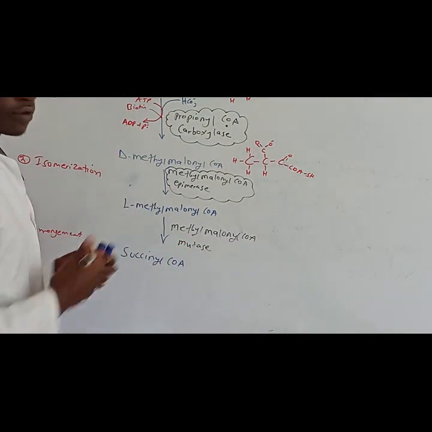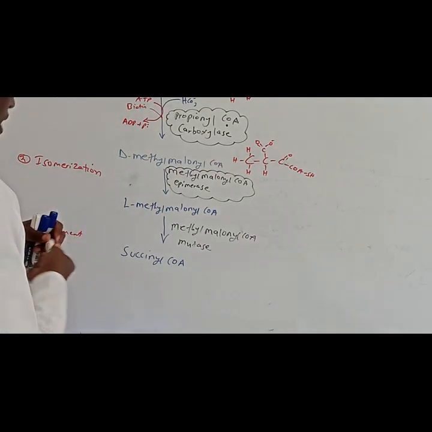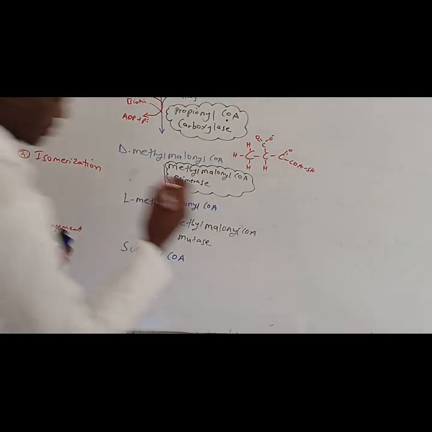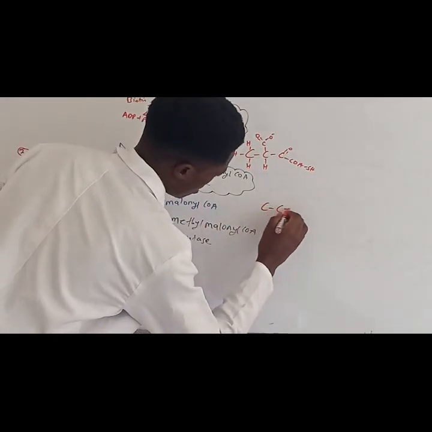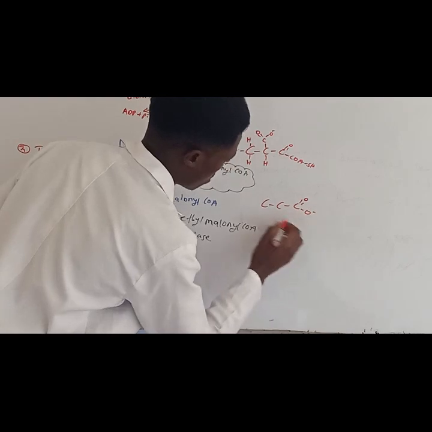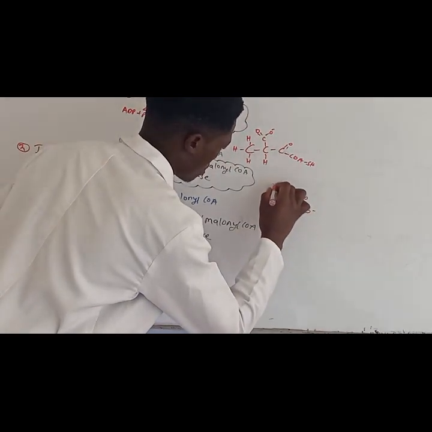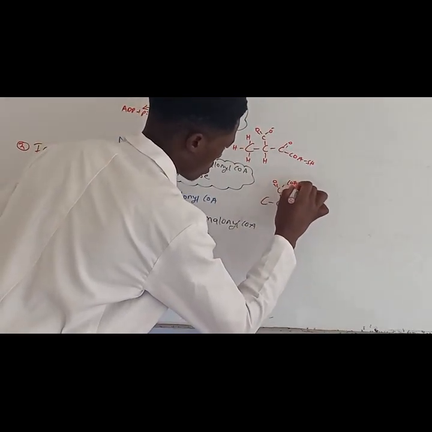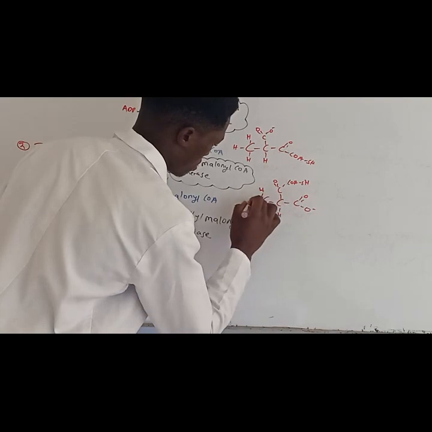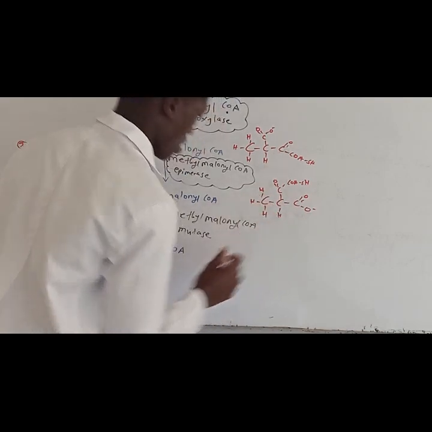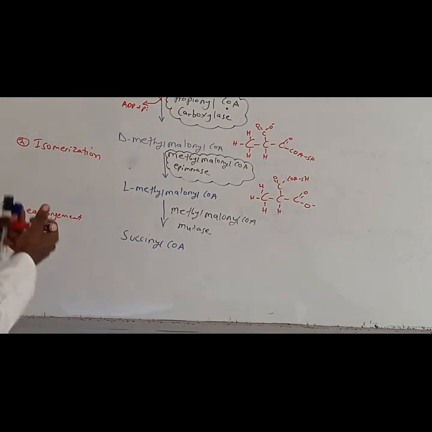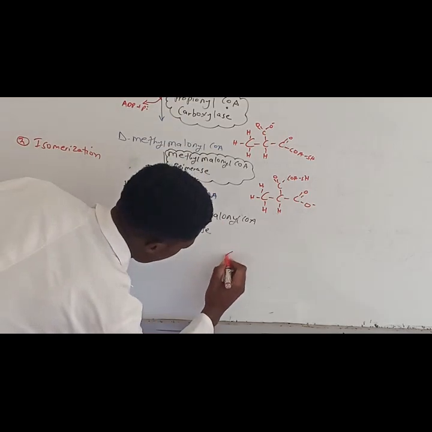It's going to shuffle those particular atoms within the structure. Now, let me show you how the L-methylmalonyl CoA looks like. Alright, that is the L-methylmalonyl CoA. Now the succinyl-CoA looks this way.